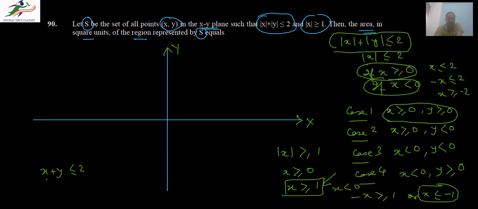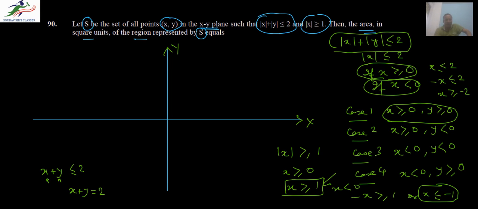Mod x becomes x and mod y becomes y. Now, in order to find this area, we first take the straight line x plus y equal to 2. Now you notice that this straight line has a negative slope, and it would intersect the x and y axis at the points where x equal to 0 and y equal to 0.